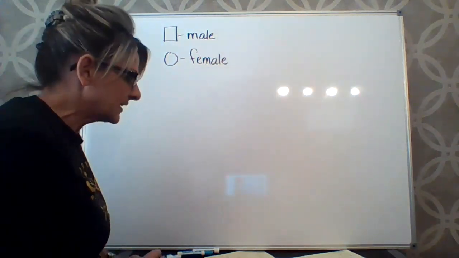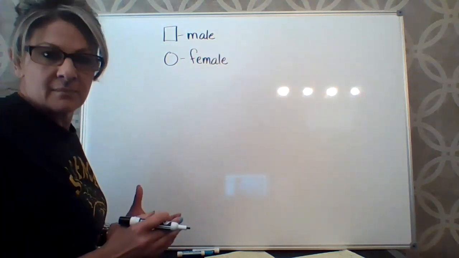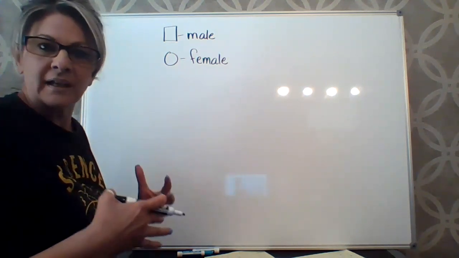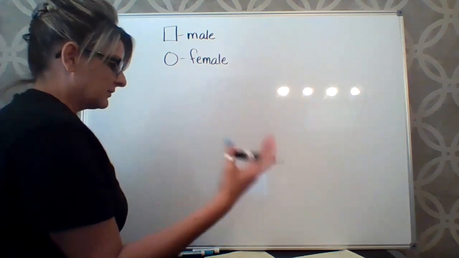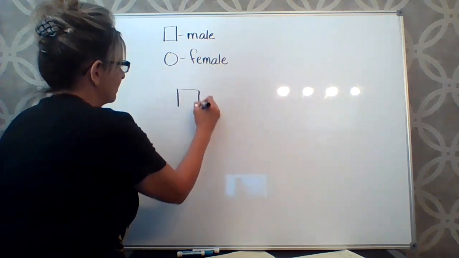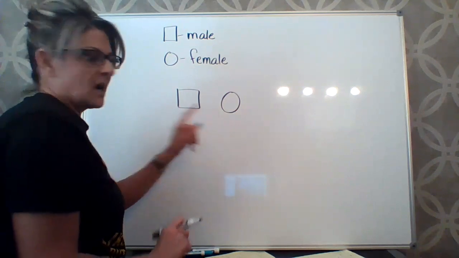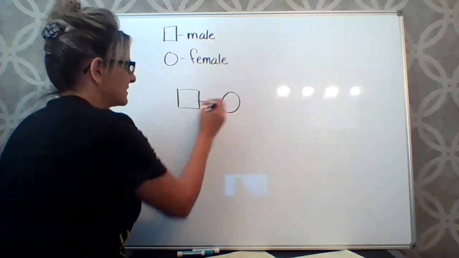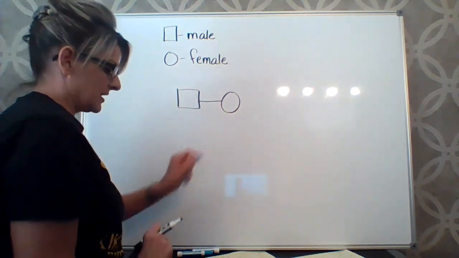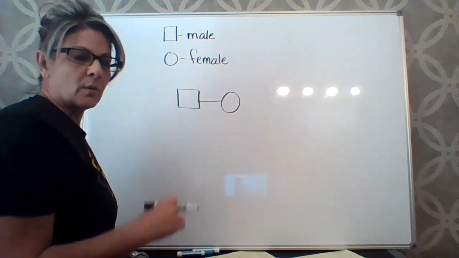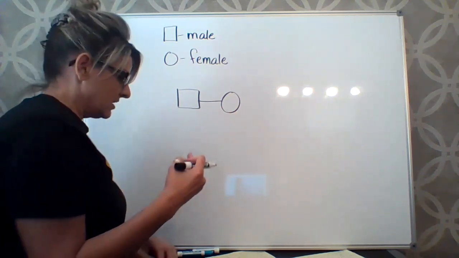Okay? Now, on a pedigree, sometimes, as we know, people get married and they have families. So you have different ways of expressing that. If we are on a pedigree and we see a man and a woman, and there is a line connecting them, this means that there is what we call a marriage line.